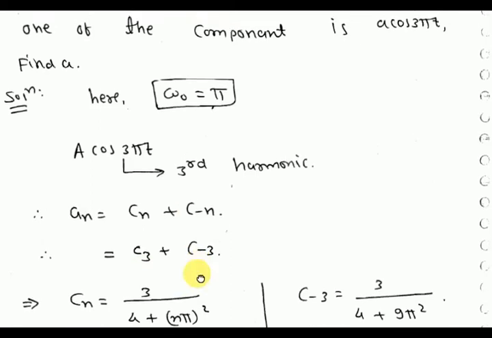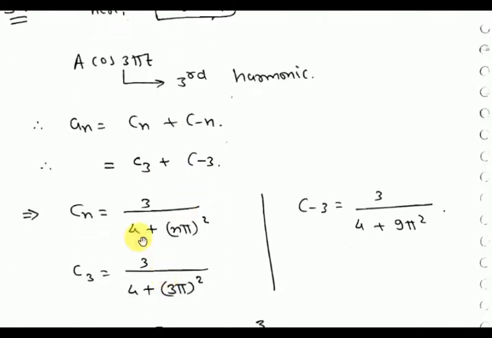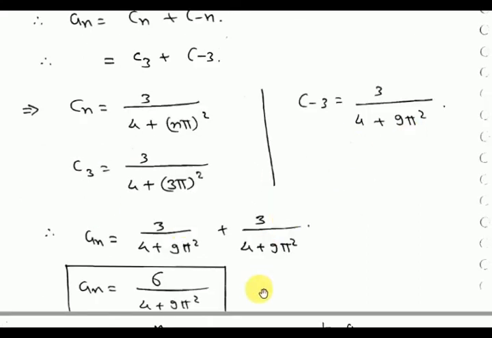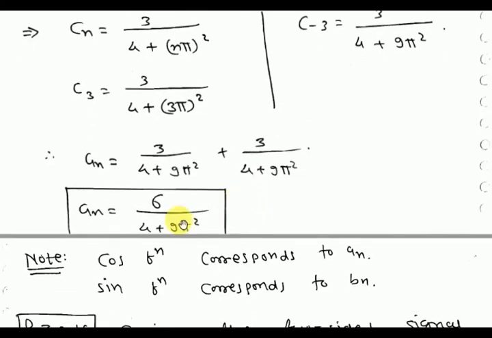So c3 plus c minus 3. cn is given, put n equal to 3, and in c minus n also put n equal to 3, so here minus 3. You will find the values like this, and add them to get an. So this will be a.